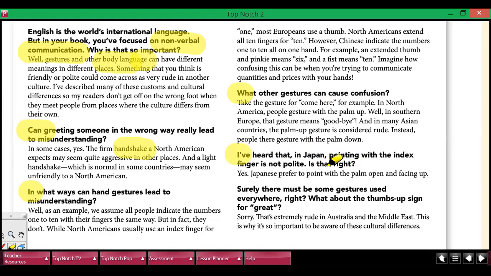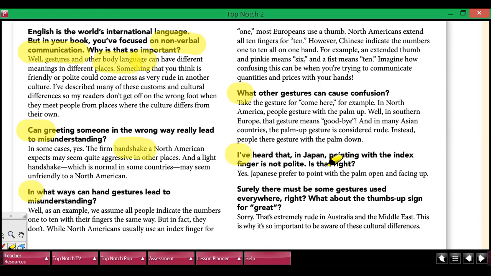For example, in North America, people gesture with the palm up, while in Southern Europe, the gesture means goodbye, and in many Asian countries, the palm up gesture is considered rude. Instead, people gesture with the palm down.